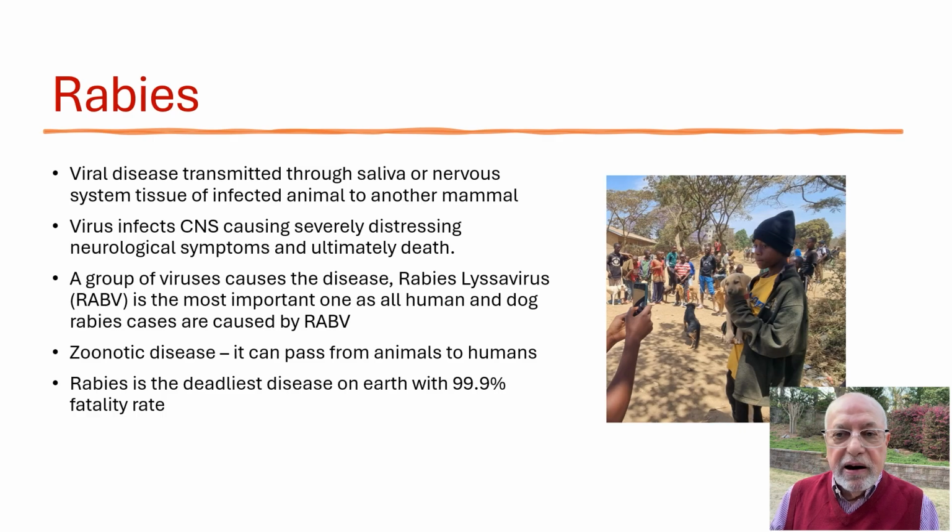Now, there are a few different types of these viruses, but the most common one, which causes rabies in animals or in humans because of the bite of the rabid animal, is what they call Lyssavirus. It can pass easily from animal to human, as I mentioned, through the bite of the animal.